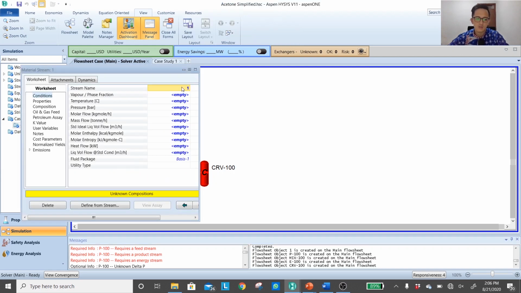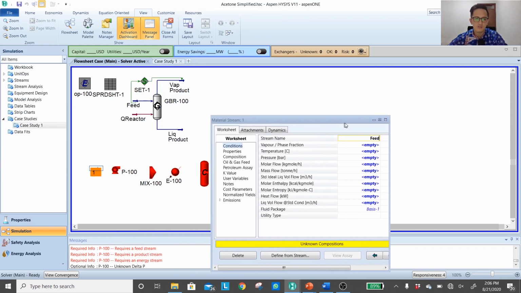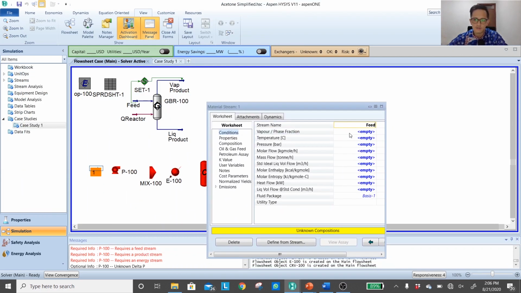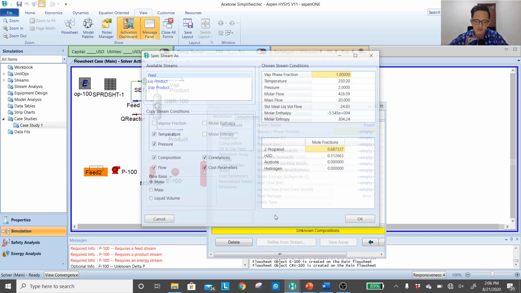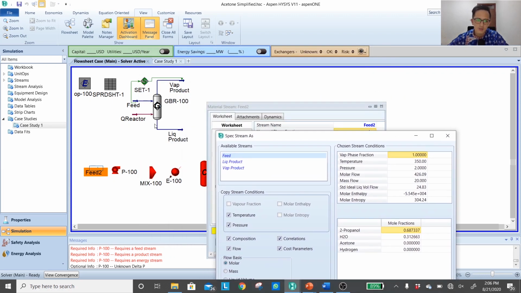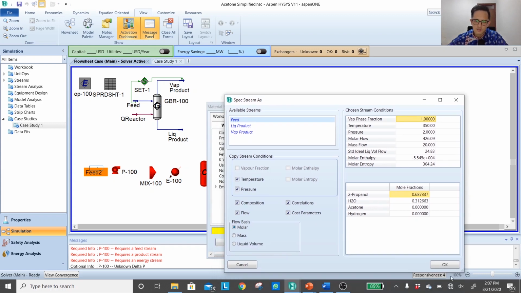Okay, stream 1, let's name it as feed. Okay, I already have it as feed, so let's say it's feed 2. And then the compositions, again, I guess it's even easier for us to define from the feed stream because we already talked about the feed condition in the previous video.